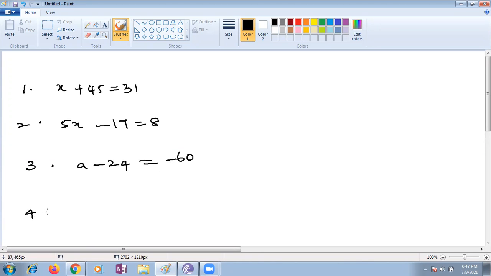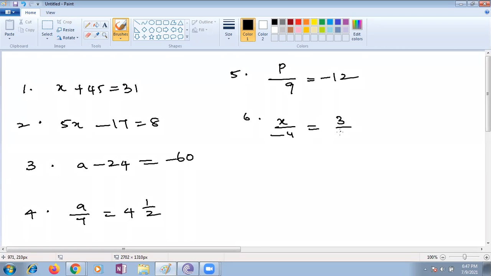Next, the fourth one is a by 4 is equal to, its mixed fraction is given here, 4 1 by 2. First, in this case, you have to convert and give the answer, children. In the fifth bit, p by 9 equal to minus 12. In the sixth bit, it is given as x by minus 4 is nothing but 3 by 5.